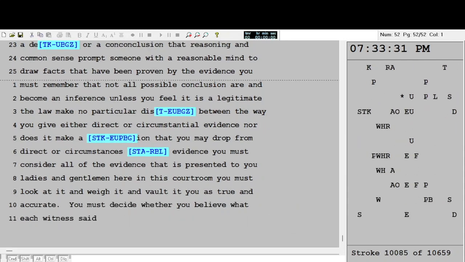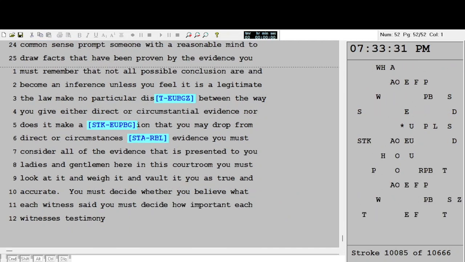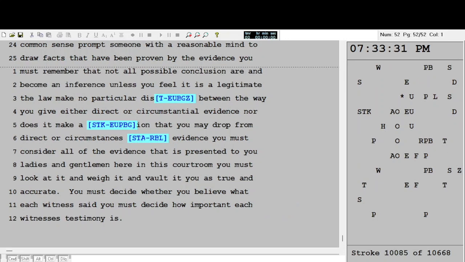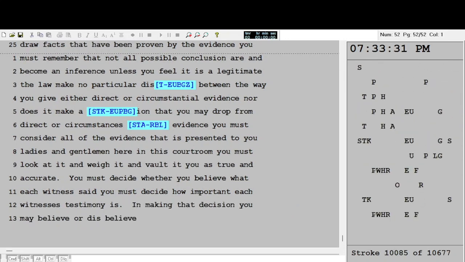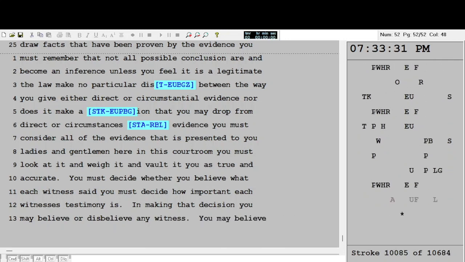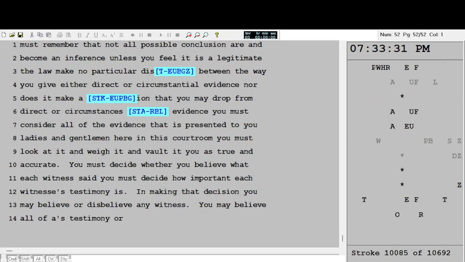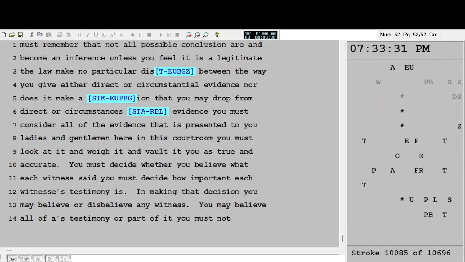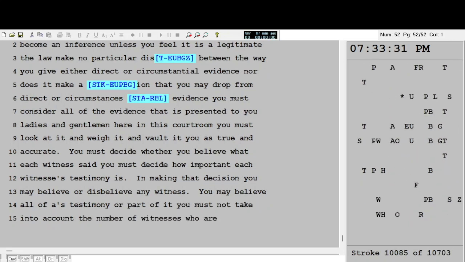You must decide how important each witness's testimony is. In making that decision, you may believe or disbelieve any witness. You may believe all of a witness's testimony or part of it. You must not take into account the number of witnesses who are called to testify by one side or the other.